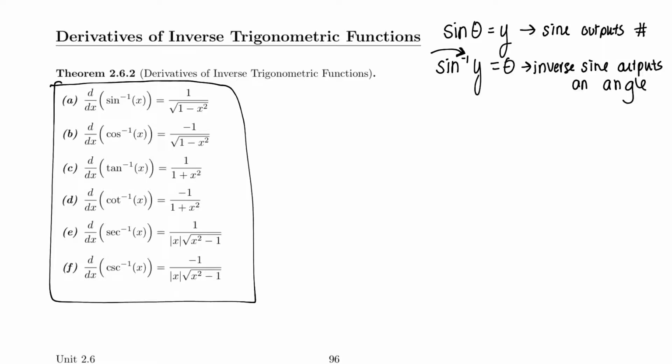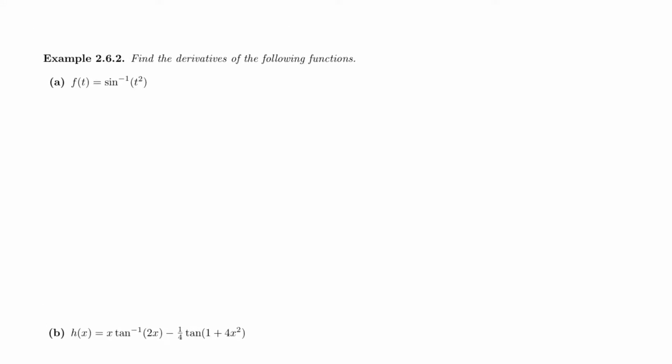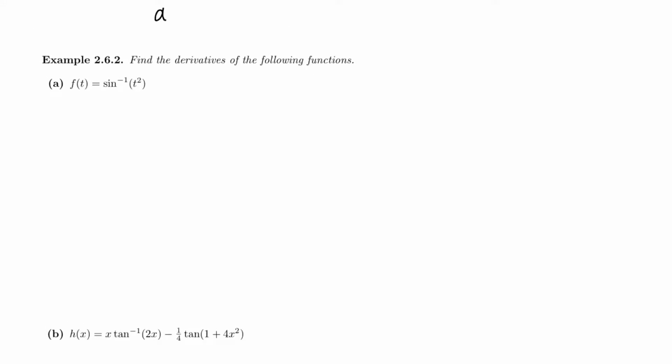So let's use them a few times just to get used to these new derivatives that we now have. Let's look at sine inverse of t squared. From the previous page, the derivative of sine inverse of x was 1 over the square root of 1 minus x squared.